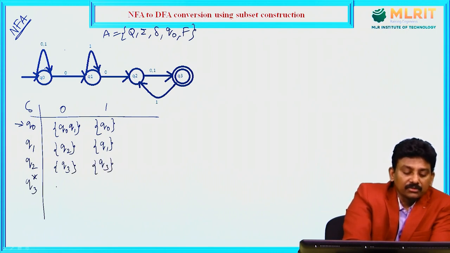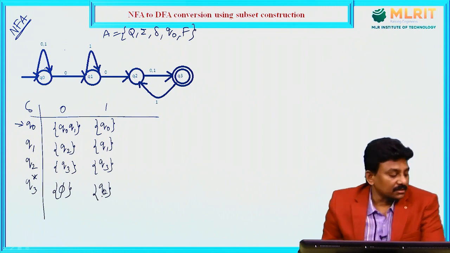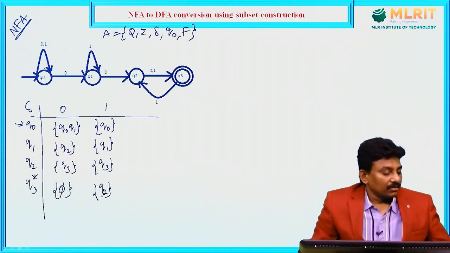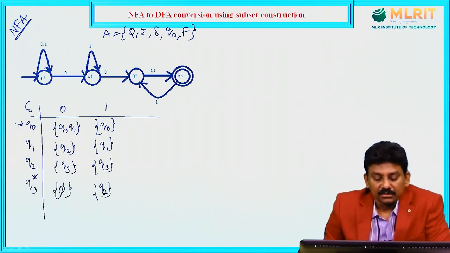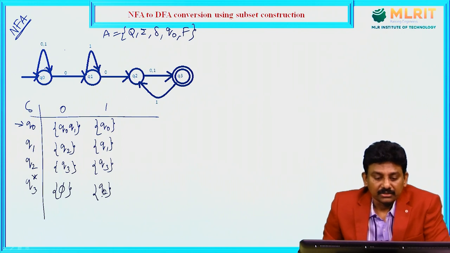Next, Q3 on 0, no transition, that is pi, Q3 on 1 going to Q2. So, this is the transition table for the given NFA. Now, we need to construct the equivalent DFA by using subset construction.